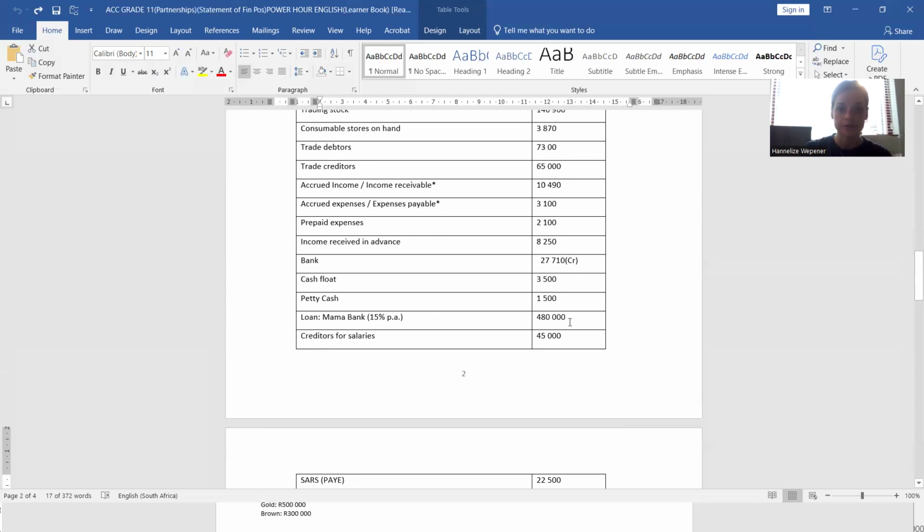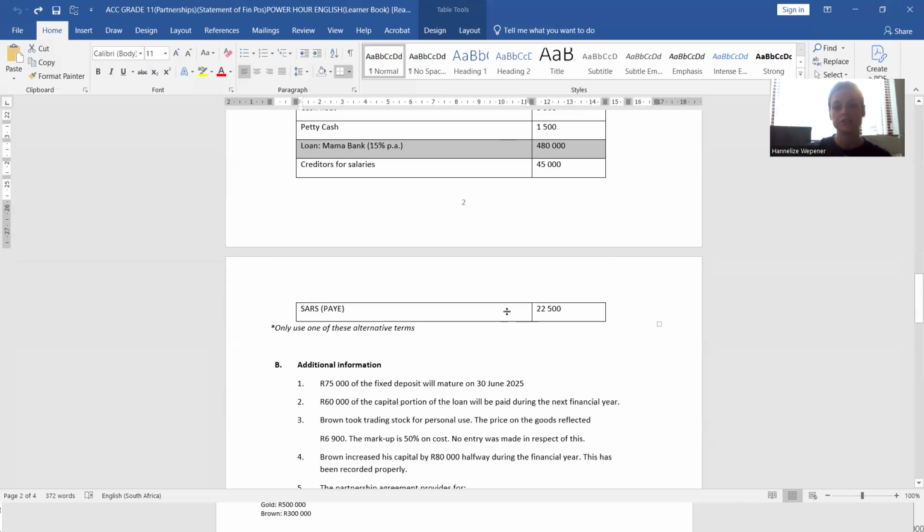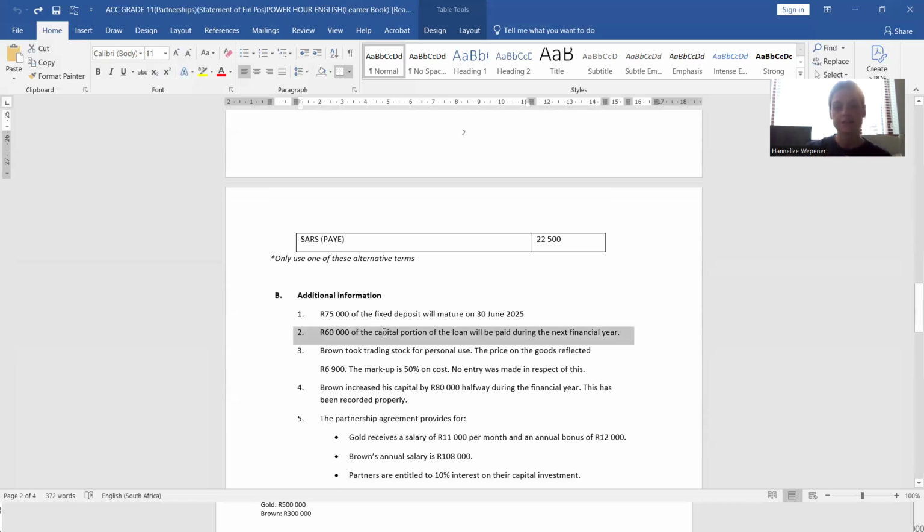So if I go to the loan here, 60,000 Rand will be deducted from that 480,000 in the non-current section. And I will reclassify that as a current liability on the face of my SFP to say that this is the current portion of my loan.